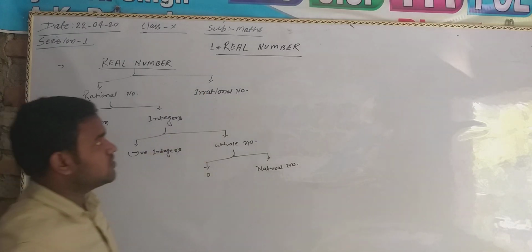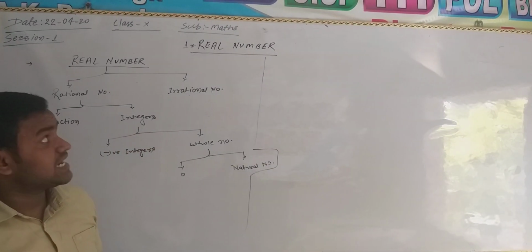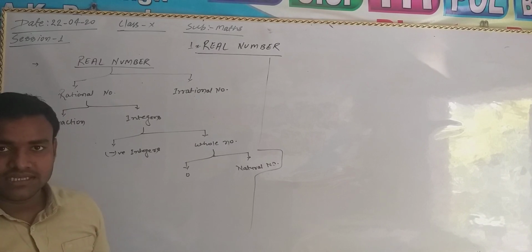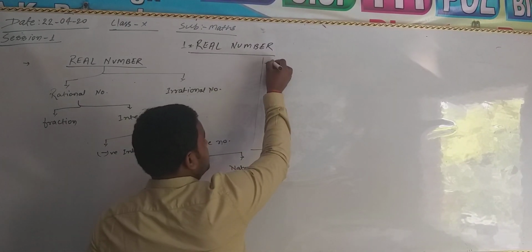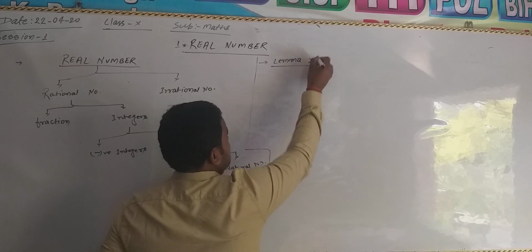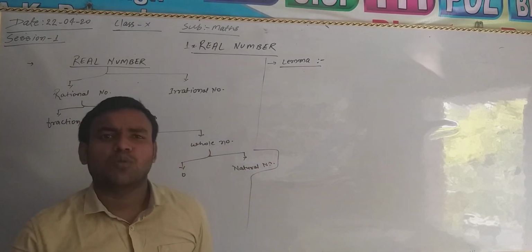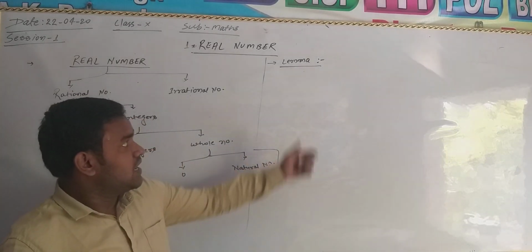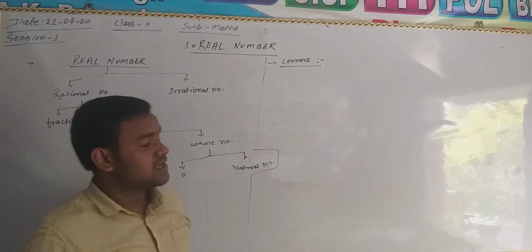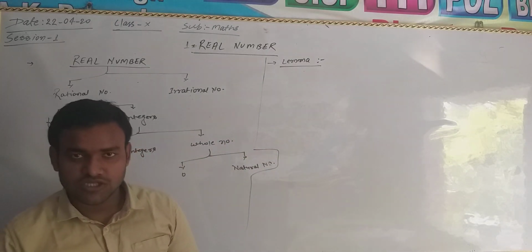Now I am going to start the basic topics which we have to study extra in Real Numbers for class 10. The first topic is lemma. A lemma, in other words, means a formula. A lemma may be defined as a proven statement which is used to prove another statement.